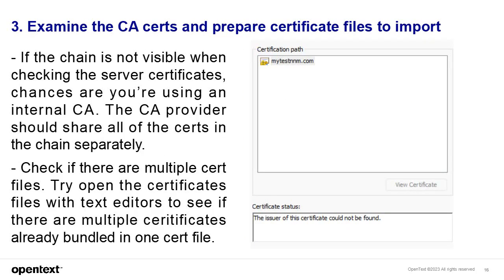If the chain is not visible when checking the server certificate, chances are you're using an internal CA. The CA provider should share all of the certs in the chain separately. Check if there are multiple cert files. Open the certificate files with text editors to see if there are multiple certificates already bundled in one cert file.